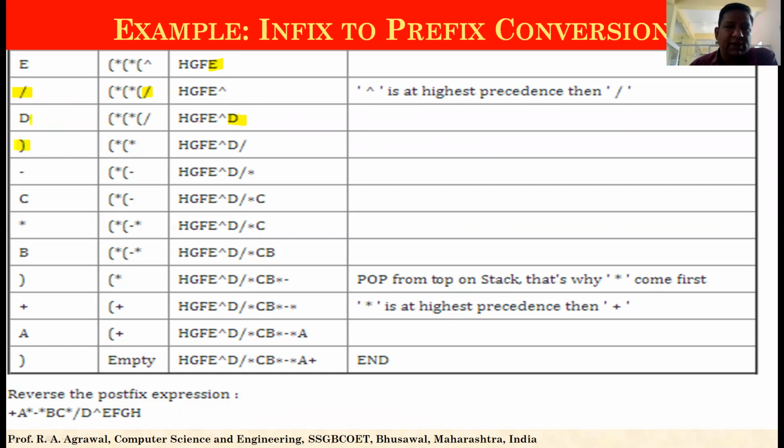Next is the opening bracket. Sorry, we were here. Next thing encountered is D, which is an operand, so it will be added to the postfix expression. Next, whenever a closing bracket is encountered, see over here, what is left in the stack is the division operator. So we will take out this division operator and add it to the postfix expression.